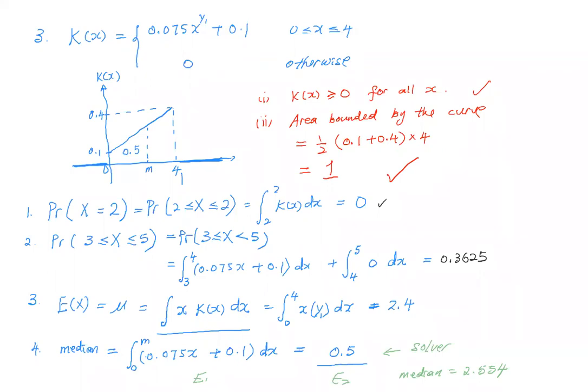Integrate from 0 to 2.554 of 0.075X plus 0.1 dx, and see whether you get 0.5 or not. So now you know how to find the median.